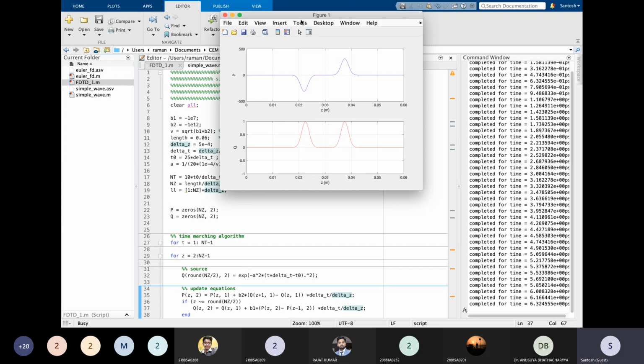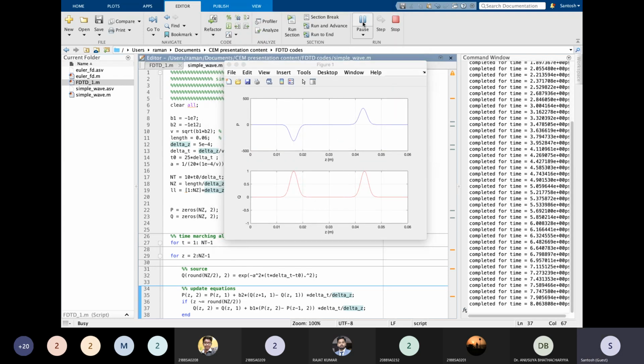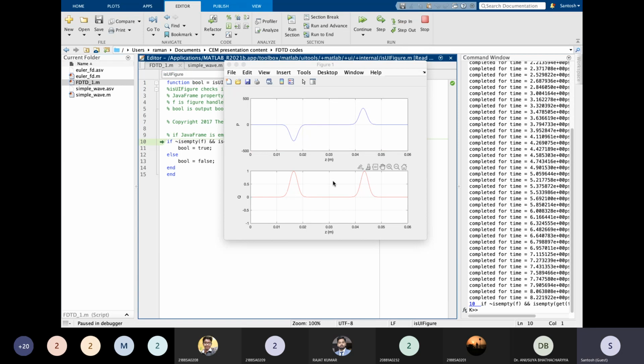Now you can stop the simulation at any point. I have stopped the simulation at this point. So you had the source at this point, correct? And it was a Gaussian source. That is, it was time bounded: between a certain point and a certain point in time, it appeared. But as it vanished from this point, you see that the source was moving in either direction.